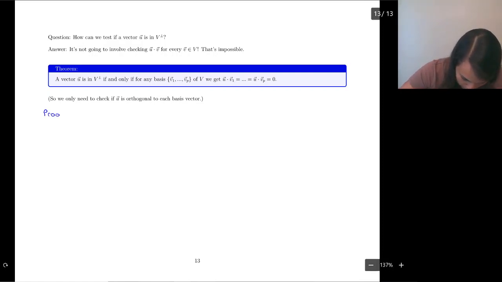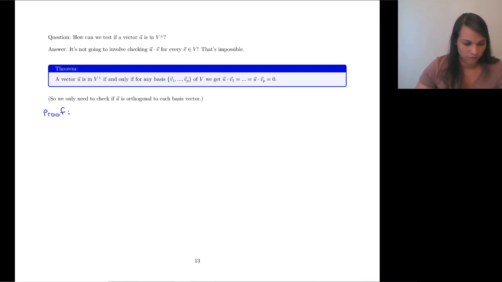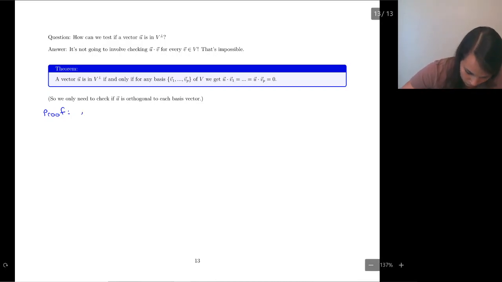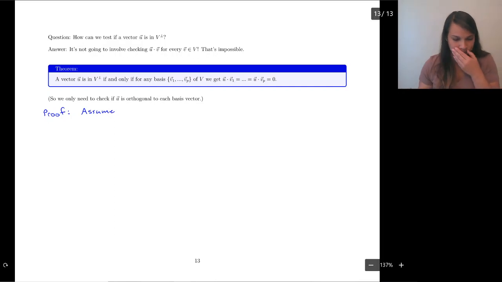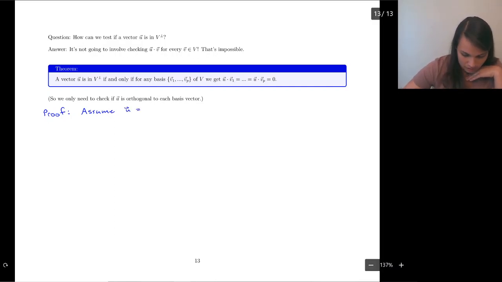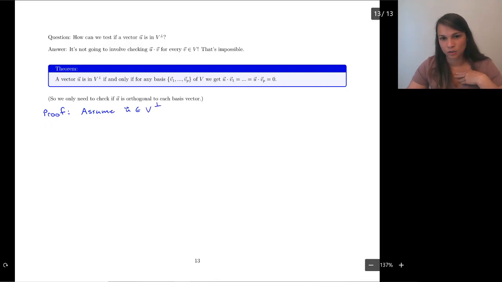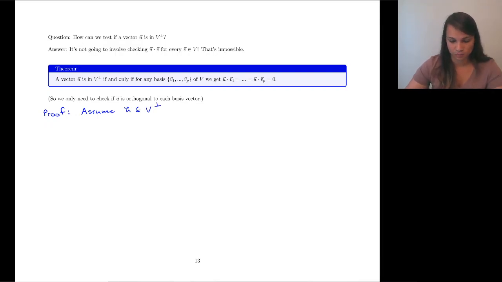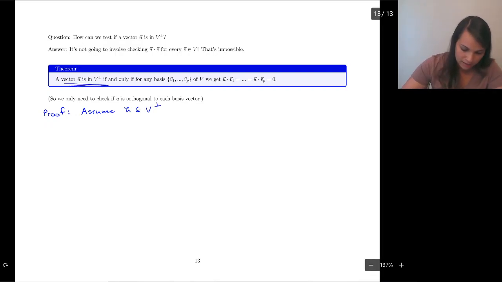So proof. Forward direction. Very easy, it's like 2 steps. But just to model some good proof writing habits, I'm going to say that we are assuming u is in V perp, because we are starting with this side and we want to get this side.